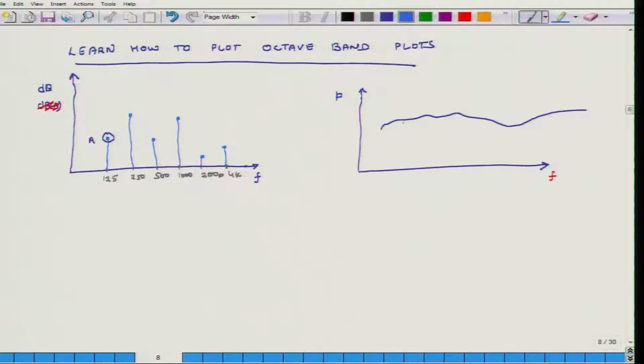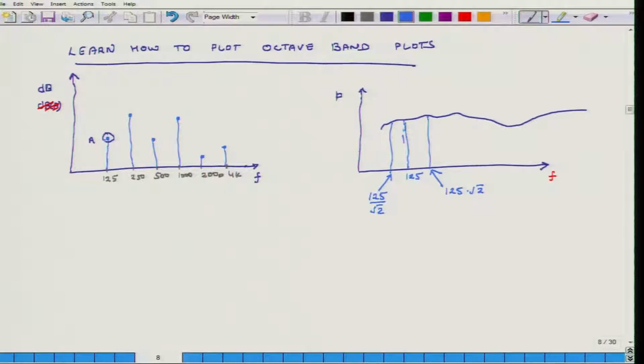And on this plot, let us say this is 125 hertz. Let us say this frequency is 125 divided by square root of 2, and this is 125 times square root of 2.